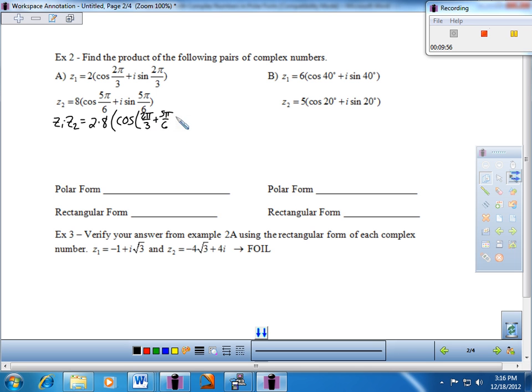And then i sine, same thing, 2 pi over 3 plus 5 pi over 6. Okay, looks good. So multiply the r's, add the thetas. You'll hear me say that a lot when doing this particular operation. Multiply r's, add thetas.